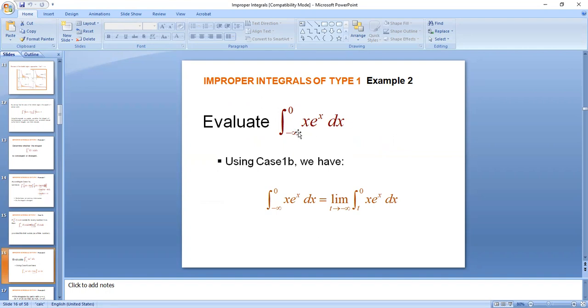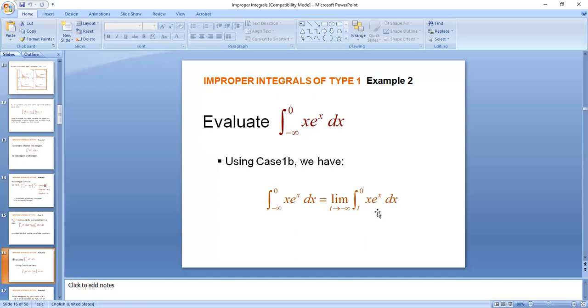Based on the techniques of integration that were discussed, this could only be evaluated using integration by parts. So you will need to evaluate this one using integration by parts, replacing the negative infinity in the lower limit by t, and then evaluate the resulting integral after substitution from t to 0 in terms of a limit where t approaches negative infinity.